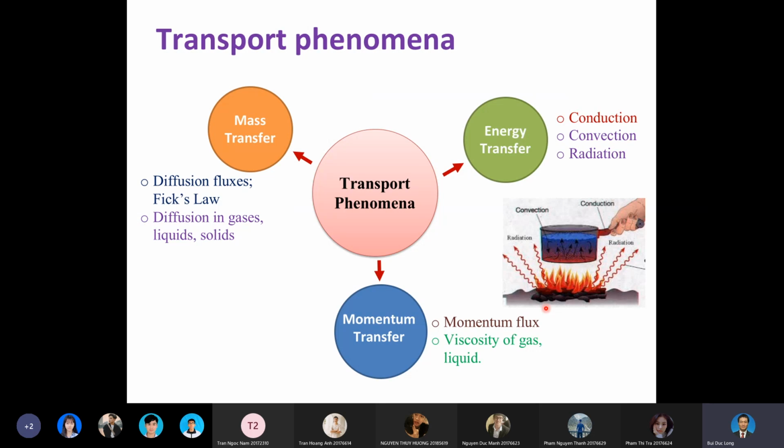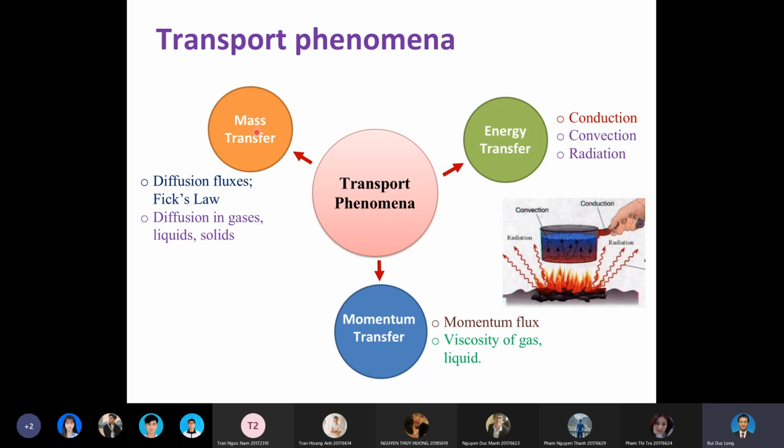Okay, so what we will study is transport phenomena. As I just introduced to you, it includes mass transfer.